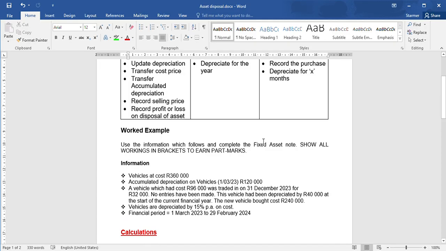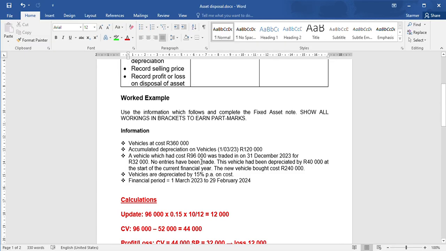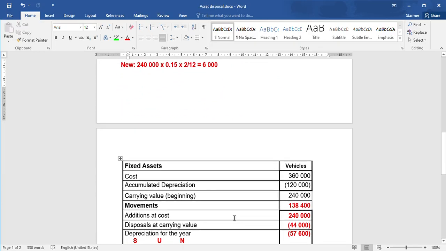So we're going to take the cost of the vehicle that we're selling, 96,000, we're going to multiply it by 15%, and if you count the number of months from the start of the year to the date of sale, that is 10, so you take 10 and you divide it by 12, and that gives you 12,000. Now depreciation needs to get recorded in the income statement to start with.